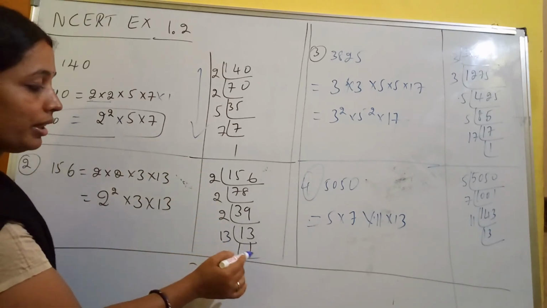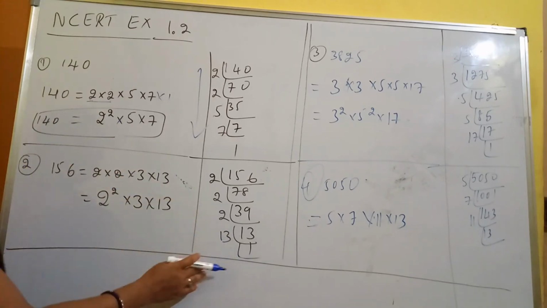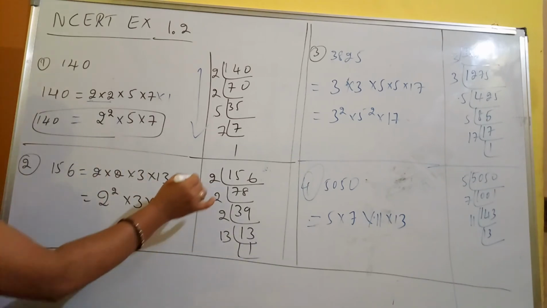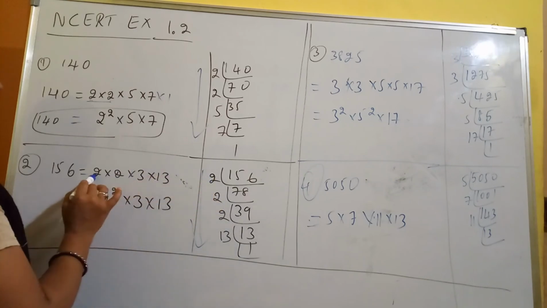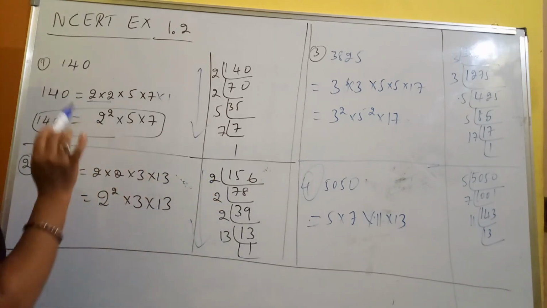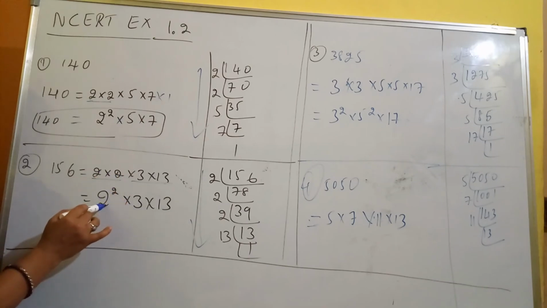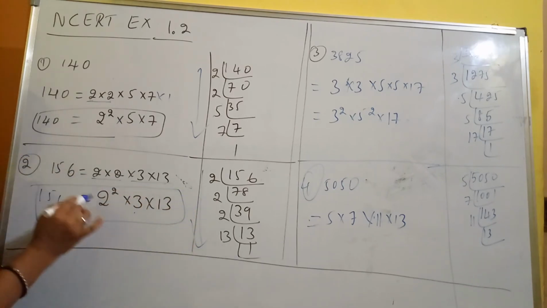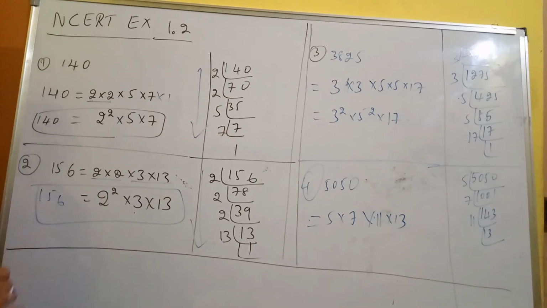It will easily be divisible by 13. 3, 4 and 5 are not possible. That's why I directly did 13 ones are 13. Again, if we express the factors of 156: 2 into 2 into 3 into 13. So 2 into 2 is 2 square, 3 into 13. Therefore, we can write 156 as the product of prime factors 2 square into 3 into 13.